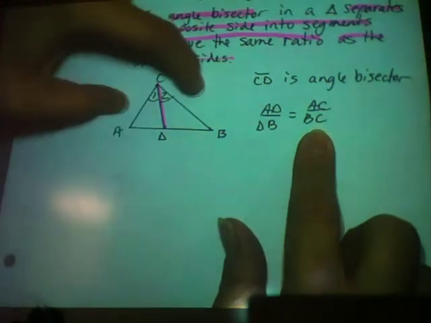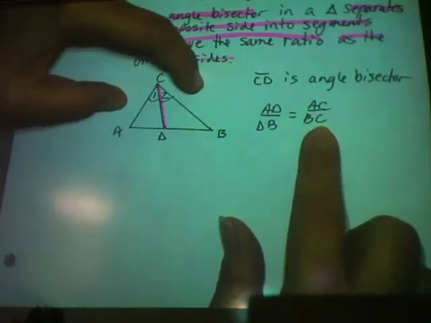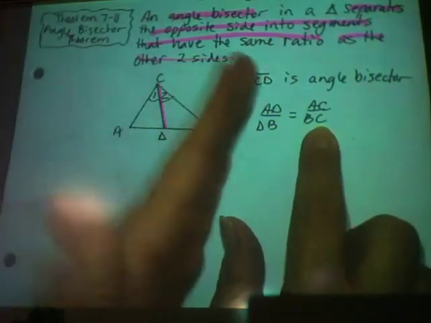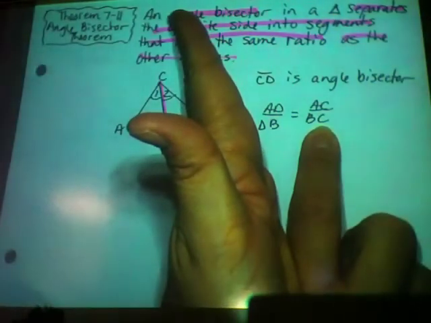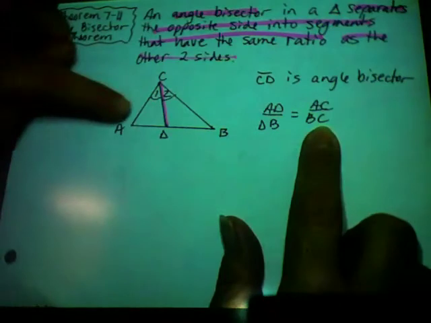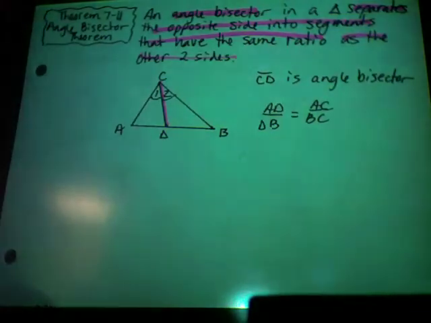So these are the other two sides of the triangle. So I've got AC over BC. So I'm going from left to right here, so I have to go left to right here on the sides. So I cannot have this over this because that would be considered going diagonal. And that's it.